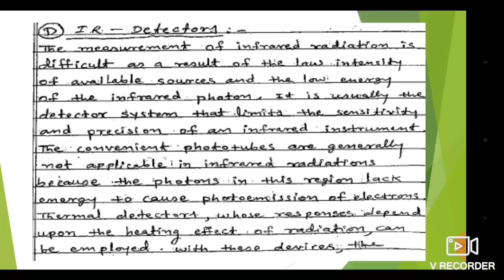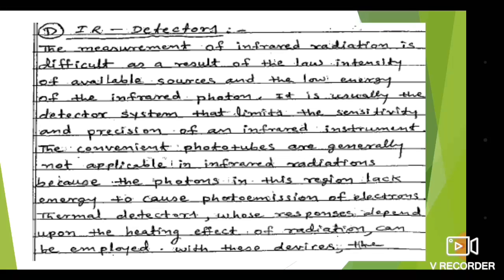The conventional phototubes are generally not applicable in infrared radiation because the photons in this region lack the energy to cause photoemission of electrons.